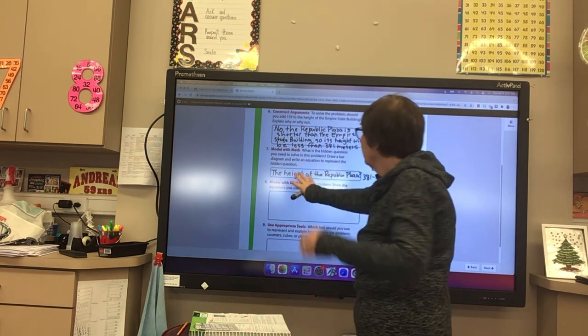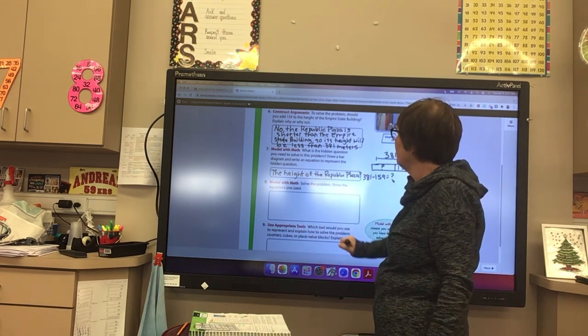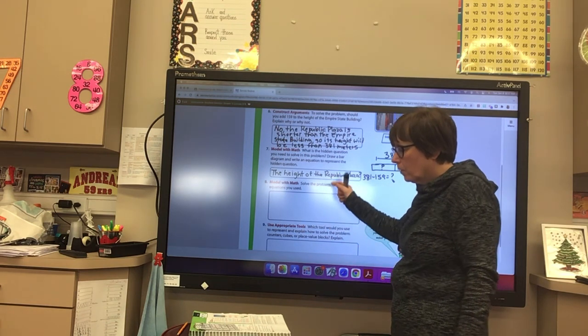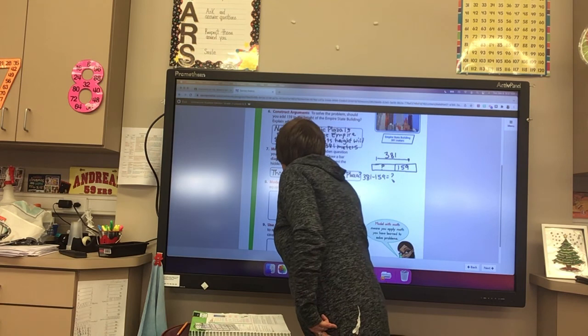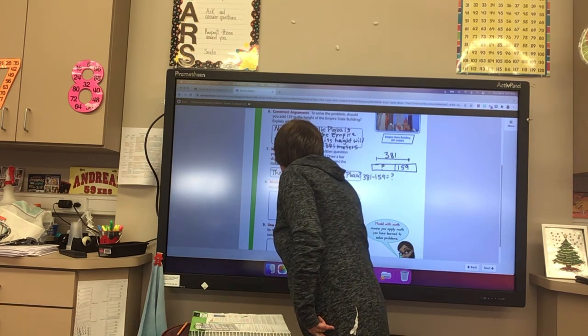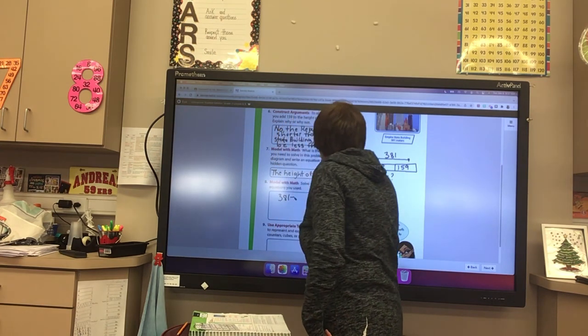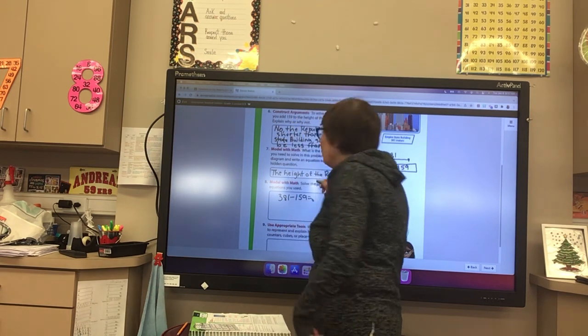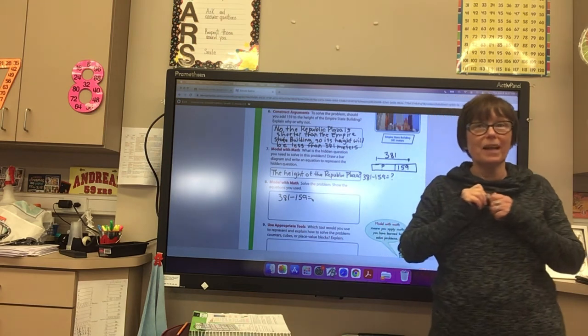We solve it here because we have this section here. It says model with math. Solve the problem. Show the equations you used. So we're going to subtract 381 minus 159 equals what? Everybody figure that out. I'll give you a minute to figure that out.